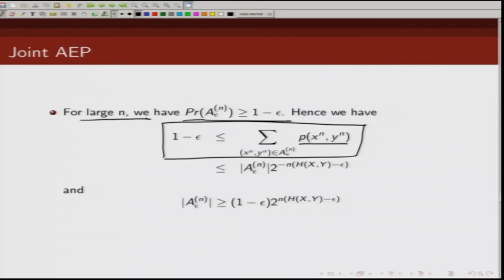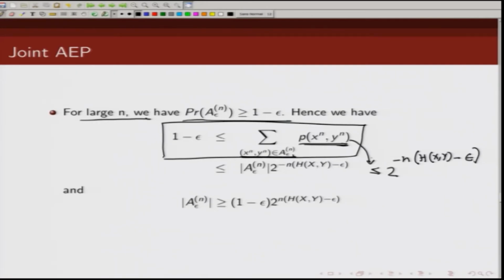So when we are summing this over this jointly typical set, this summation is greater than 1 minus epsilon. And we know that this is upper bounded by 2 raised to the power minus n(H(X,Y) minus epsilon). This follows from the properties of the jointly typical set.